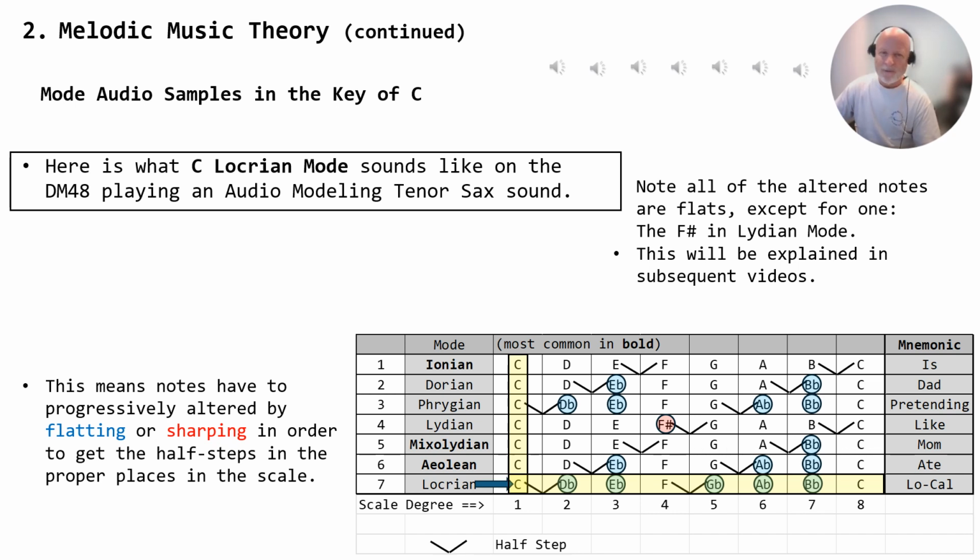So all those flats that we added for the other modes are gone. And now we're just adding a sharp, the F sharp in the fourth scale degree. This one sounds almost like Ionian mode, just slightly different. And there we go. So that's samples of all 7 modes in the key of C.